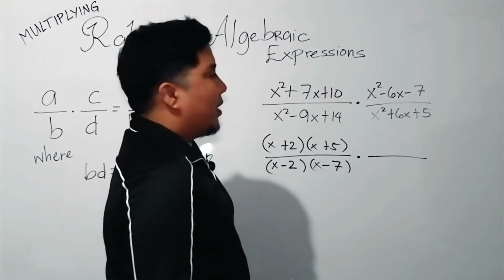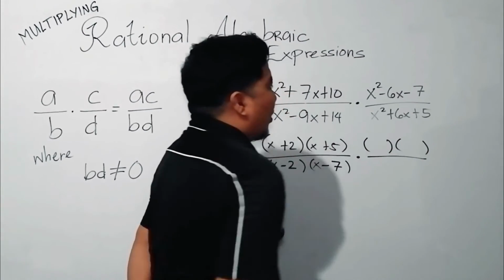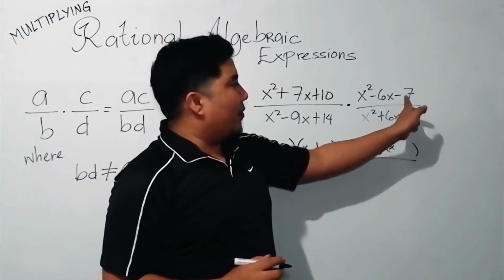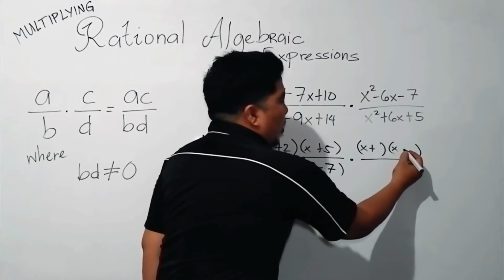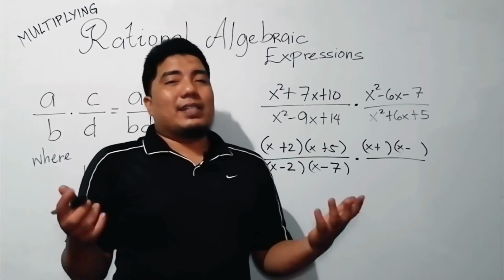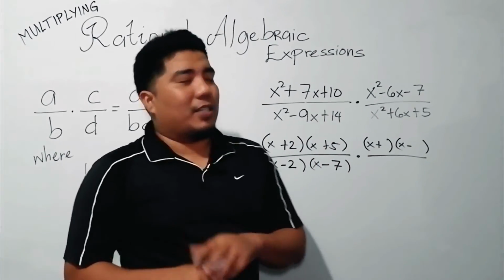We have x squared minus 6x minus 7. So we make another 2 factors. We factor this one. Okay. Now, we have here 7, negative 7. So, negative is a combination of negative and positive. So, what are the factors of 7 such that when you subtract them, the answer is negative 6? Okay.